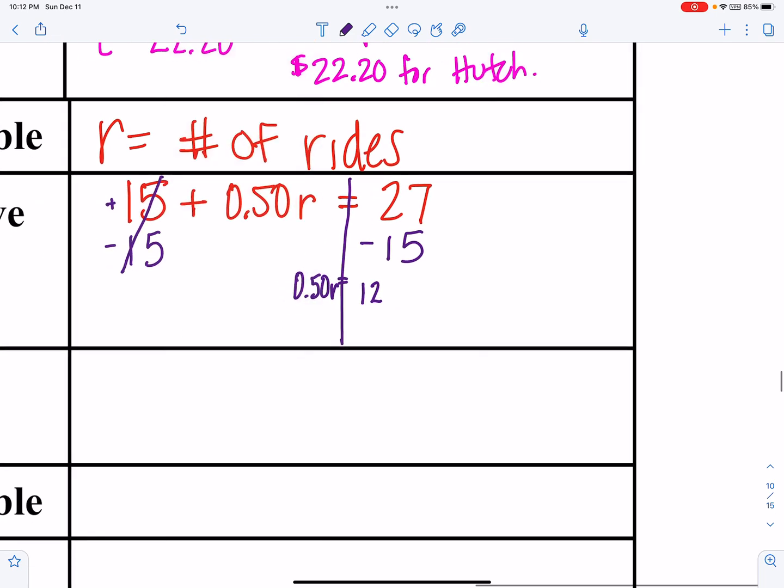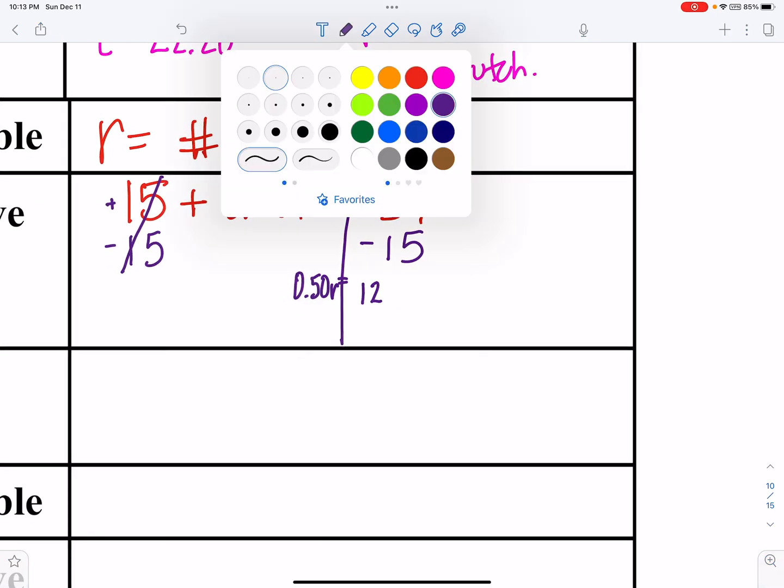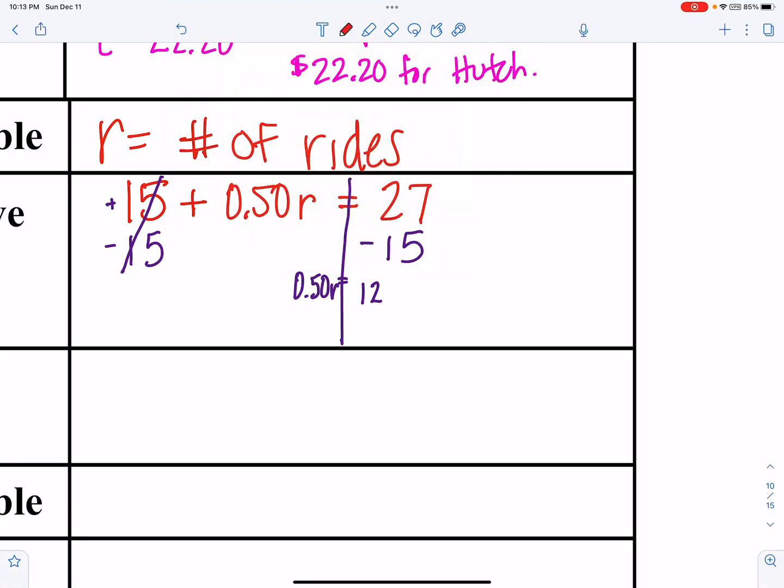Then we notice we have R times 50 cents, so we divide both sides by 0.50, which is really just cutting that in half.